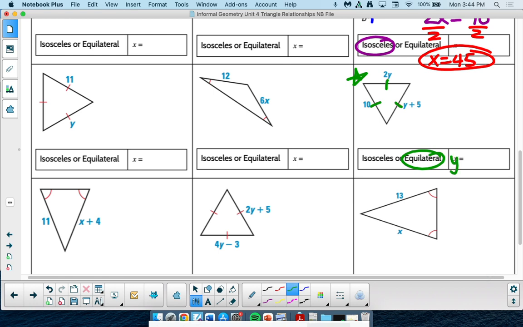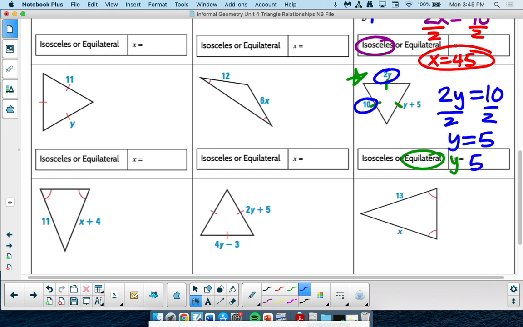To find our y, we have to write an equation, right? So you can pick any two sides and set them equal to each other. Let's pick these two. So 2y equals 10. Divide by 2, y equals 5. Okay, and again, that should be on the bottom, so check it off for me.